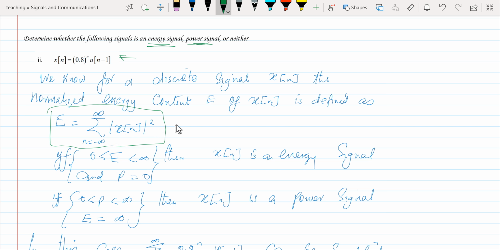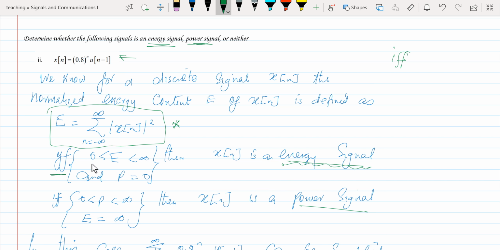So once we know that is the equation we are going to use, the other conditions that we require for a signal to be an energy signal or power signal, I have written them down here. We say that if and only if, using this double-F symbol, these two conditions are satisfied, that is when the signal is classified as an energy signal.